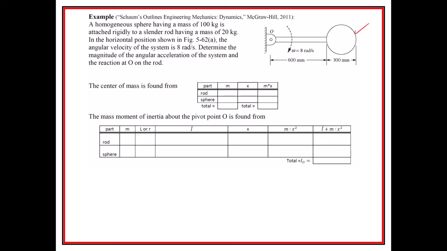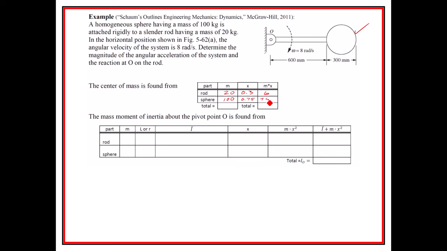So if we want to find the center of mass, we take 20, and the location of the center of mass of the rod is at 0.3 meters, so we end up with 6, that mass times that distance. The sphere is 100, and the distance is 600 plus half of the 300, or 0.75 meters.